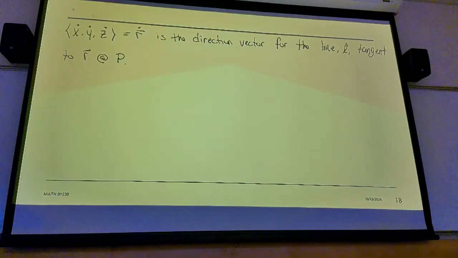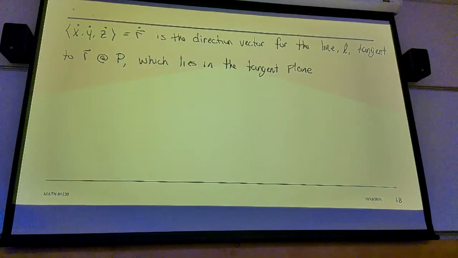Well, that would just be the direction vector for the line that is tangent to R at your point P, which has to lie in the tangent plane.